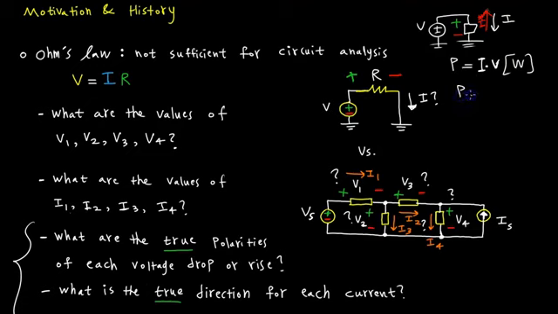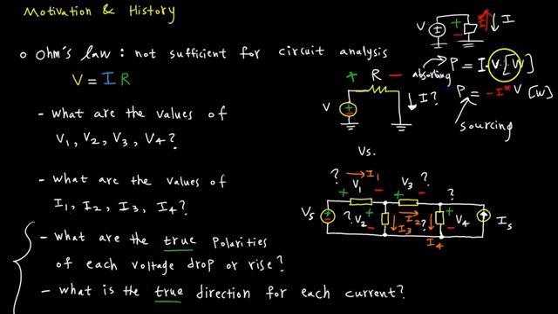Now P is equal to minus I star times V, because the current is going from a lower potential to a higher potential, which is in watts, and it gives us a negative quantity. That means the element is sourcing power, giving power to the rest of the circuit which is consuming that current, whereas here we're dissipating or absorbing.